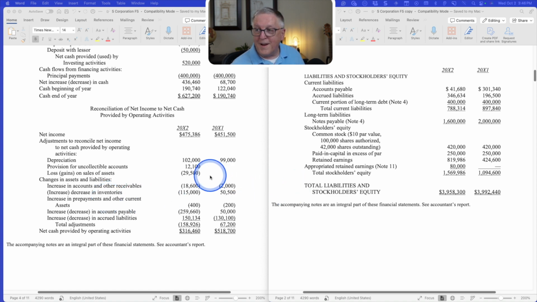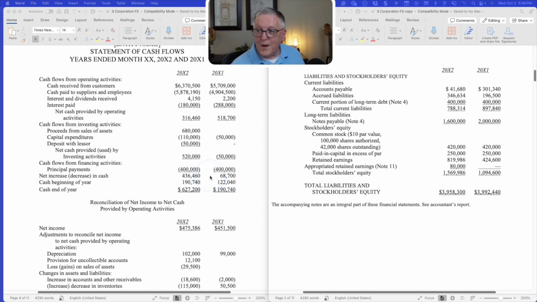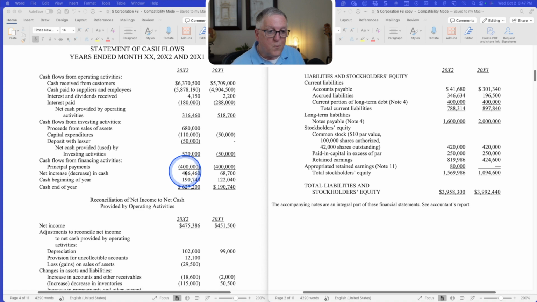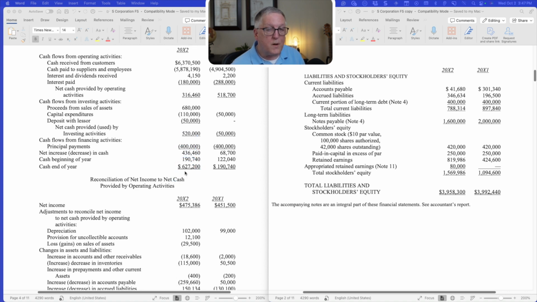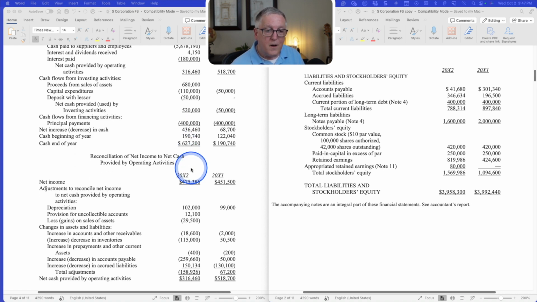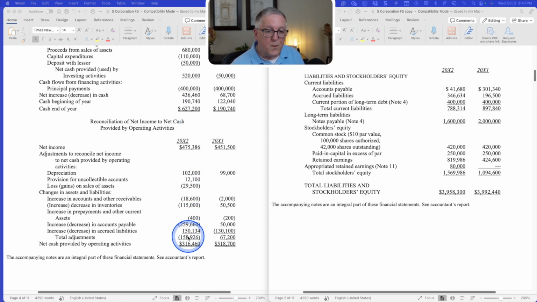Now, you've done all this work, and usually you're going to feel pretty confident about this number for the investing piece. You're going to feel confident about the financing number. So where would the problems normally lie? If your arithmetic doesn't give you the right answer here, usually the problem's going to lie in this section.